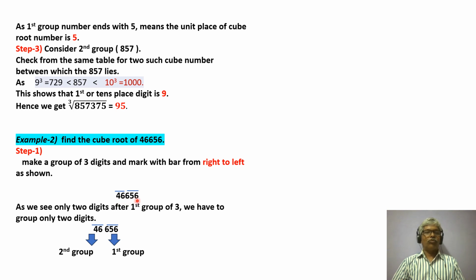So 656 will be one group, and 46 doesn't have any other digit, so these two will make the second group. We group only two digits for this. So this is the first group, this is the second group.